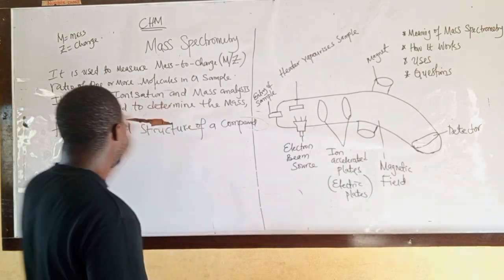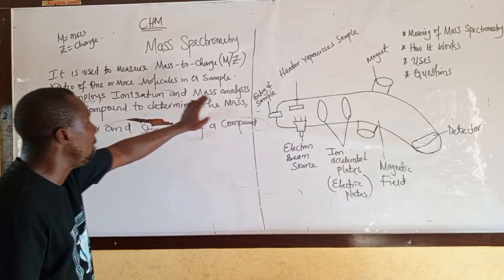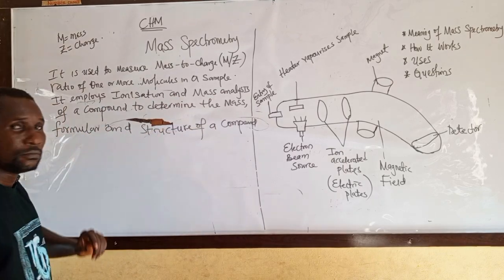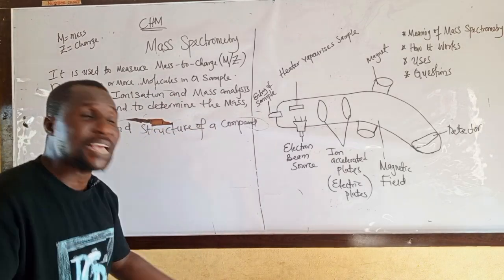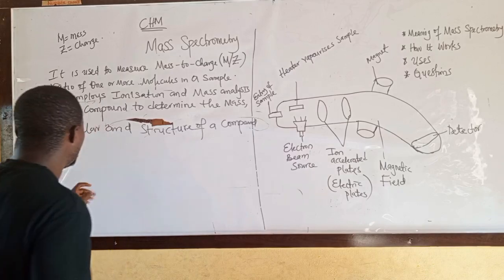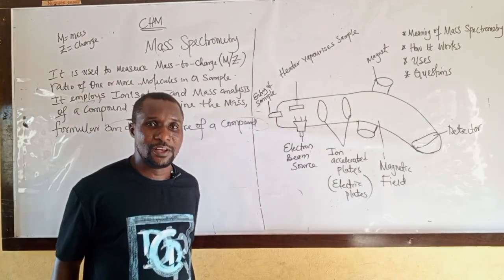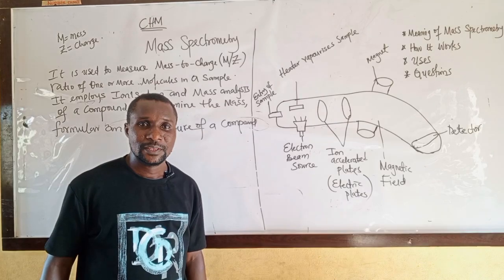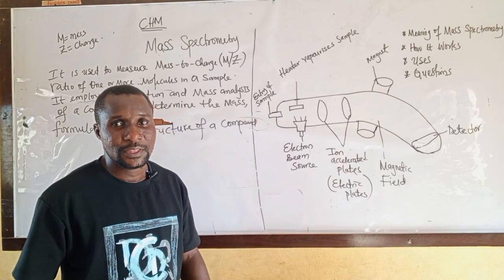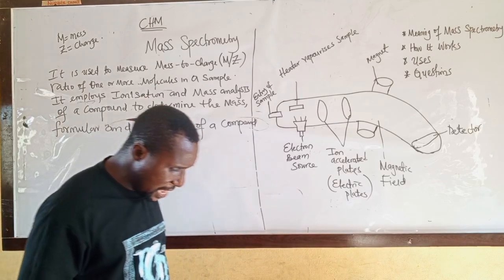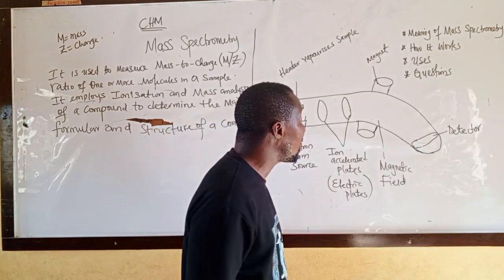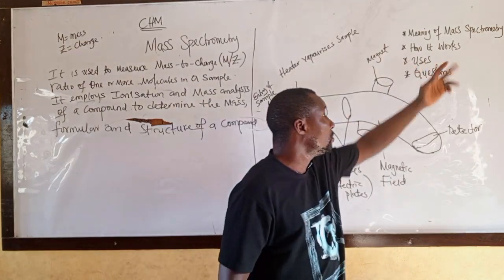It employs ionization and mass analysis of a compound or sample to determine the mass, the formula and the structure. It can be of an element. Take note of that.